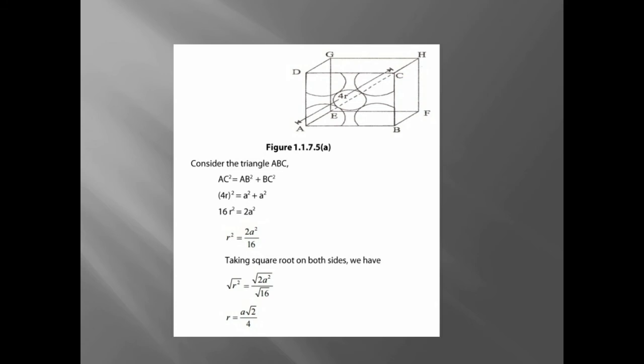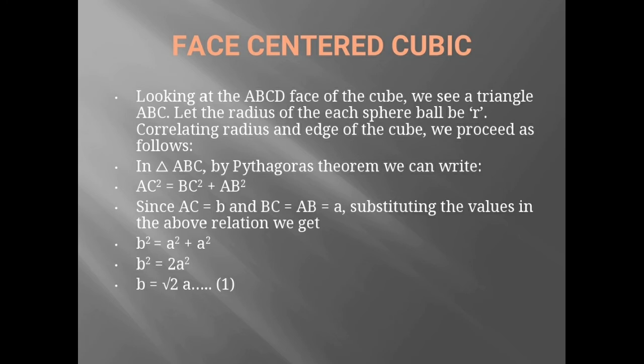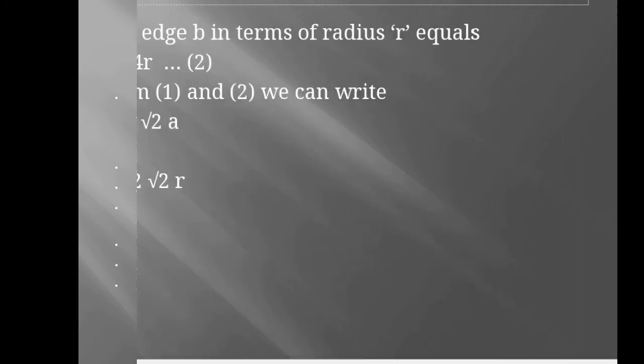And the next one, face centered cubic. In both the types of packing, hexagonal close packing or cubic close packing, the packing efficiency will be the same. Here also the same concept, edge length is considered as a and face diagonal AC is considered as b. So for the ABCD face of the cube, we can correlate once again by the Pythagoras theorem.